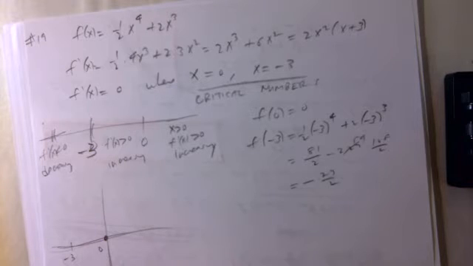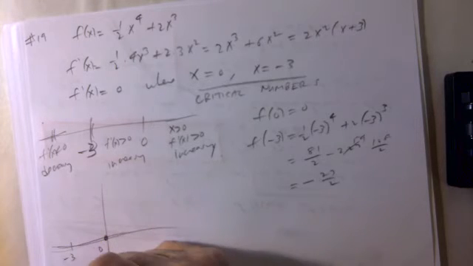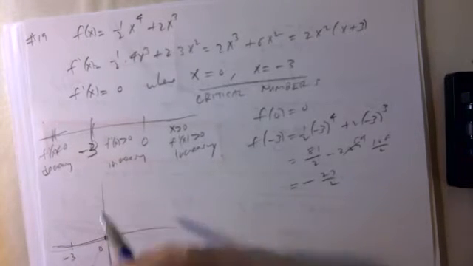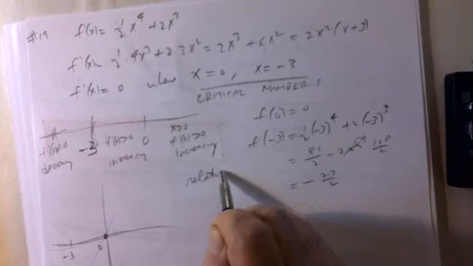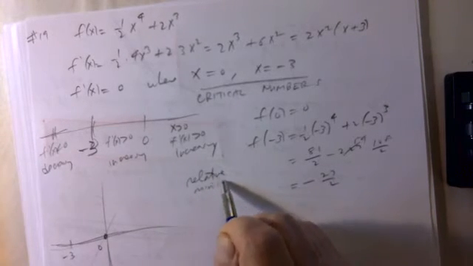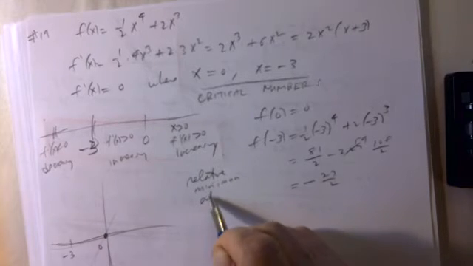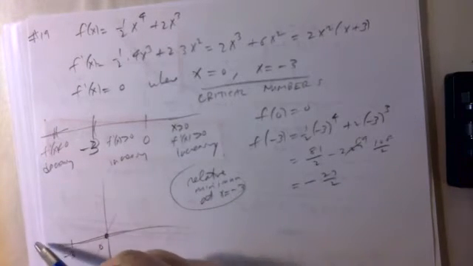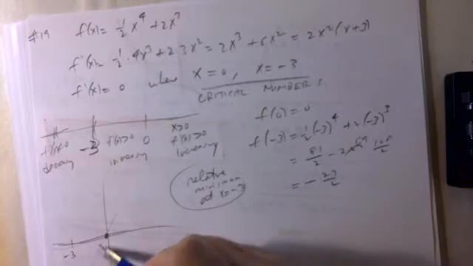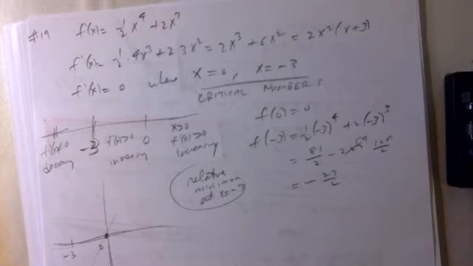The function is decreasing until it gets to -3, and then it's increasing. So we have a relative minimum at x equal -3. The function is decreasing, and then it's increasing.